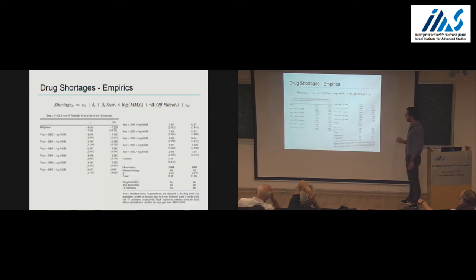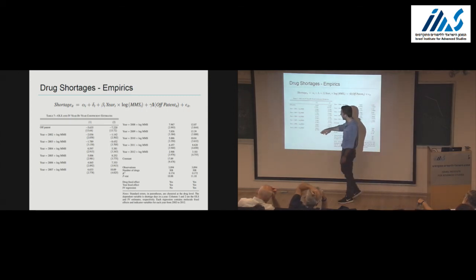So in a diff-in-diff, what do you worry about? You worry that there's some pre-existing trend, that those drugs were experiencing different changes in shortages prior to the policy. So for that, we interact year with the Medicare market share, and we don't see any evidence of a pre-existing trend, though we don't have that many pre-period years.